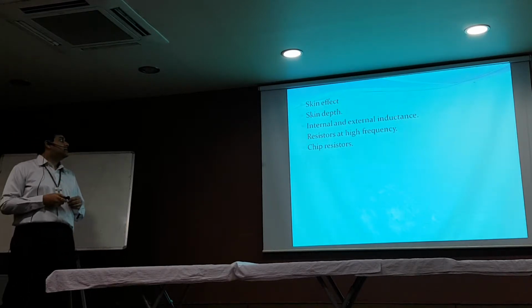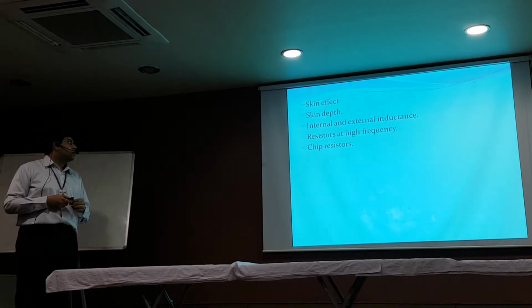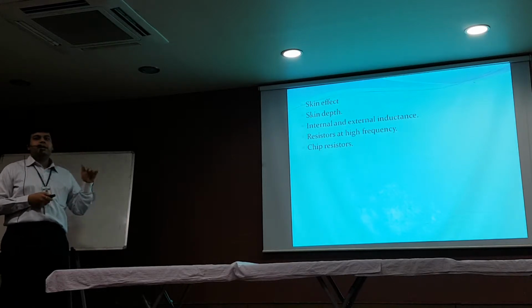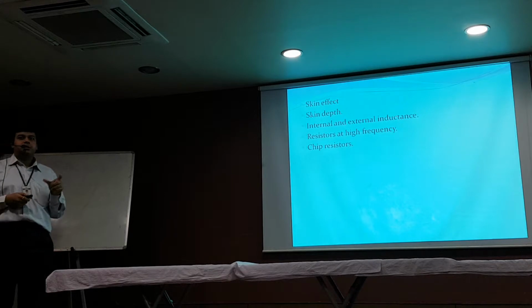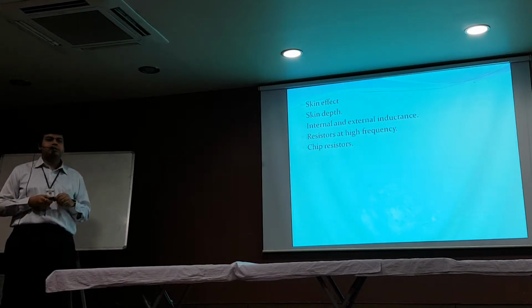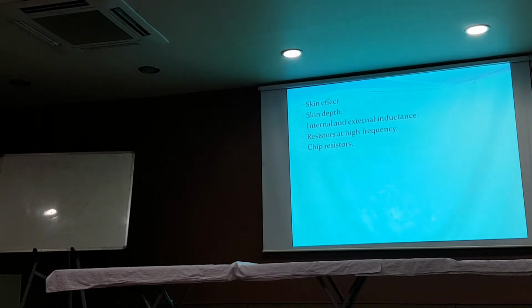Then resistors and high frequency. There are different types of categories under this. Again, there are chip resistors, that is, of a small chip, and there is a code over there, the length and the width.